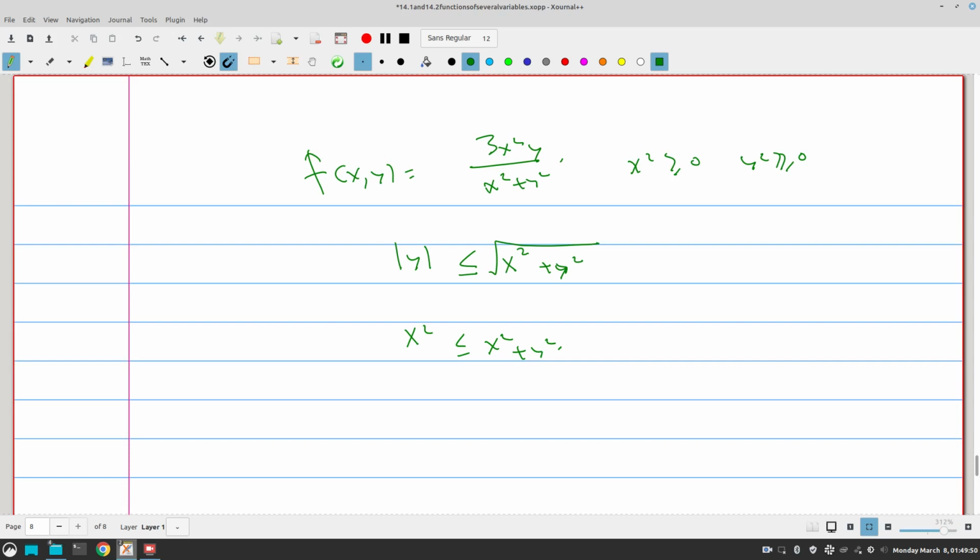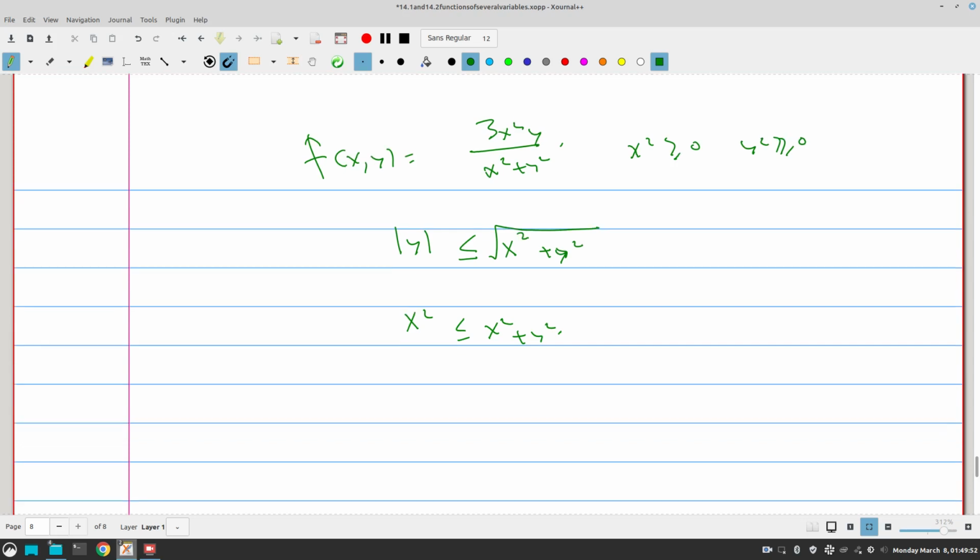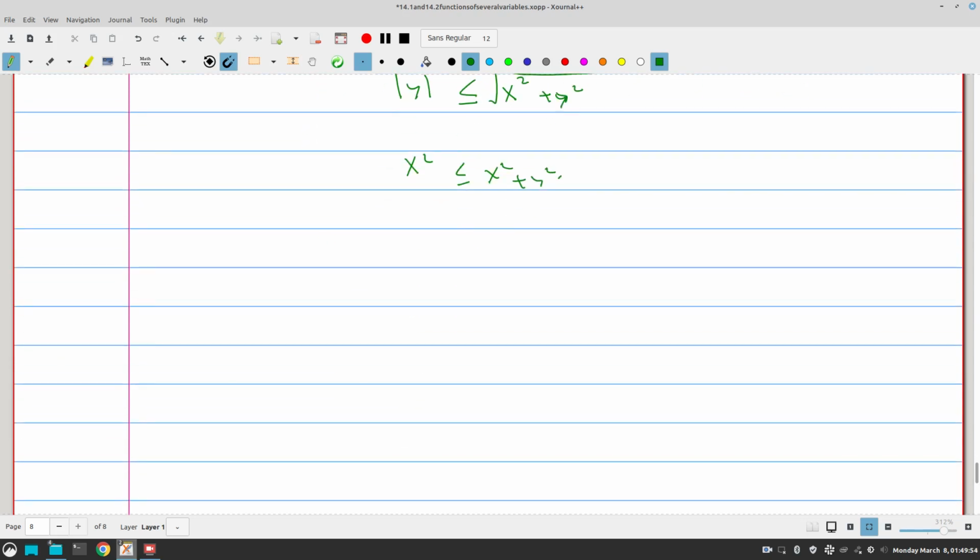Okay, cool. So you have 3 x squared y over x squared plus y squared. If you take the modulus of this, it is equal to 3 x squared over x squared plus y squared times the modulus of y.